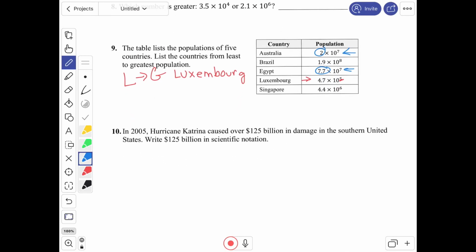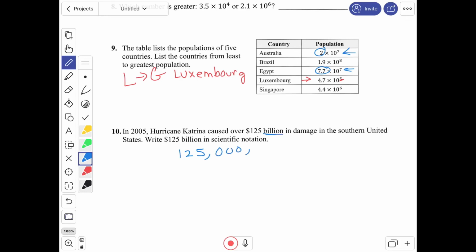Number 10, in 2005, Hurricane Katrina caused over $125 billion in damages in the southern United States. Write $125 billion in scientific notation. Maybe first we need to write it in regular, so no, without the words.